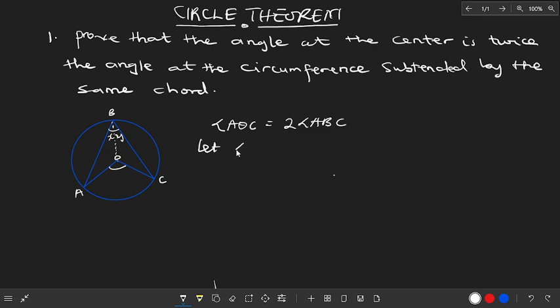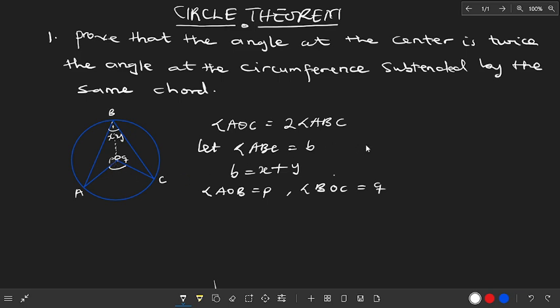Let angle ABC be equal to B. So it means that B will be equal to X plus Y. Now let's denote angle AOB as P and angle BOC as Q. So we can write Q here, P here.